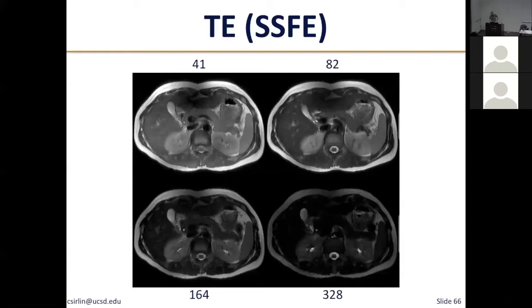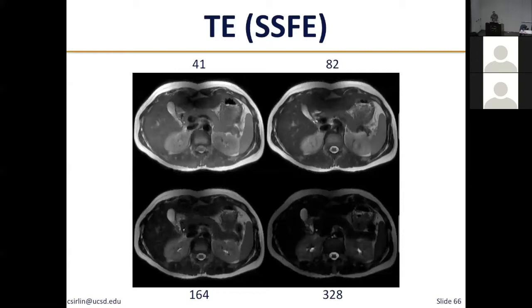When we go to a shorter TE, the image on the whole is brighter, but notice that the cerebral spinal fluid now no longer looks so bright. The reason is that the cerebral spinal fluid here is just as bright as it is here, but the other tissues are darker. So the reason the cerebral spinal fluid doesn't look so bright here is simply that the other tissues are also bright, and it doesn't look so bright by comparison.